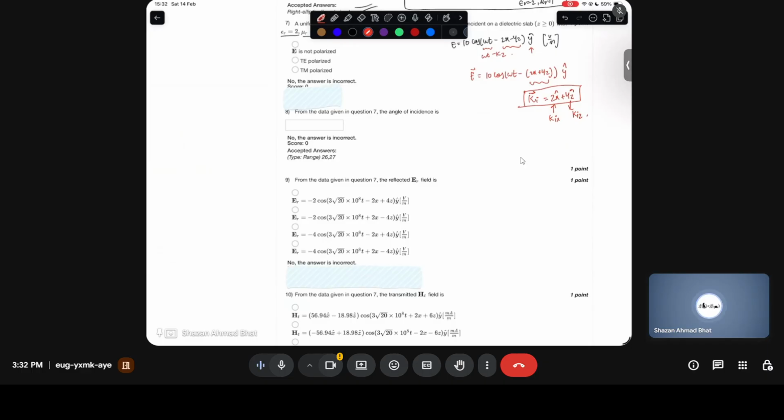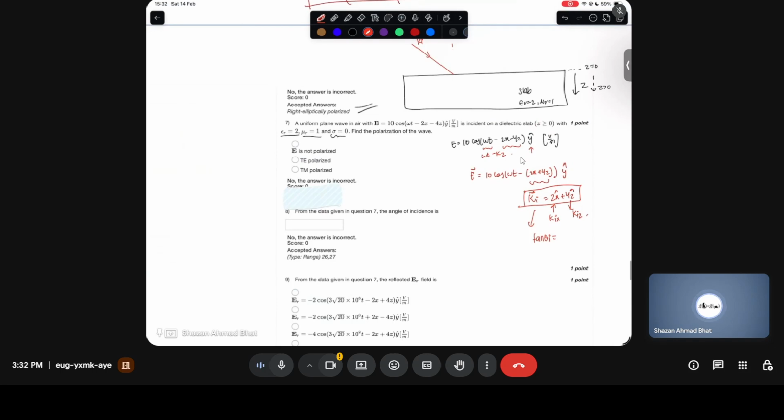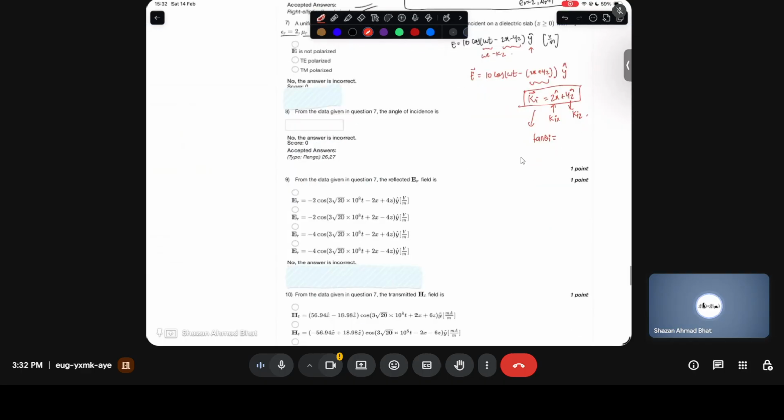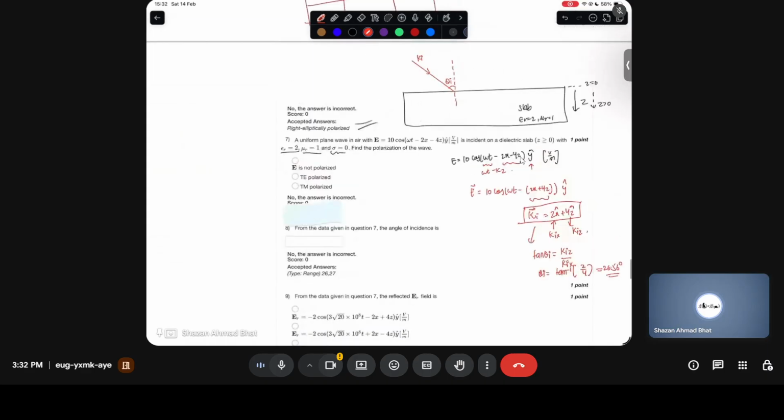And when it's along the x and z direction, it's at a certain angle, which is theta i, the angle of incidence. So when you draw the normal, it has a certain angle, theta incidence, and that theta incidence is basically kiz divided by kix. So this theta incidence can be found as tan inverse of 2 by 4, which is basically tan inverse of 1 by 2. This is around 26.56 degrees. So that is how you find the incidence angle.